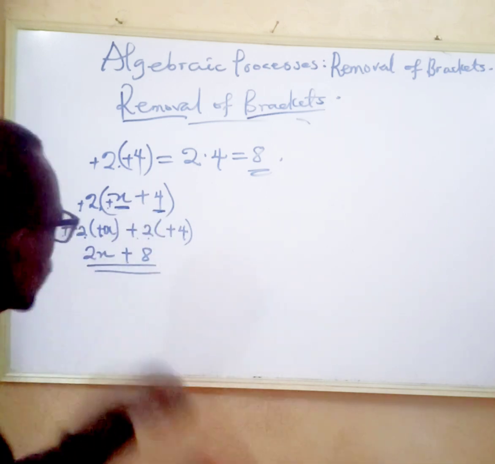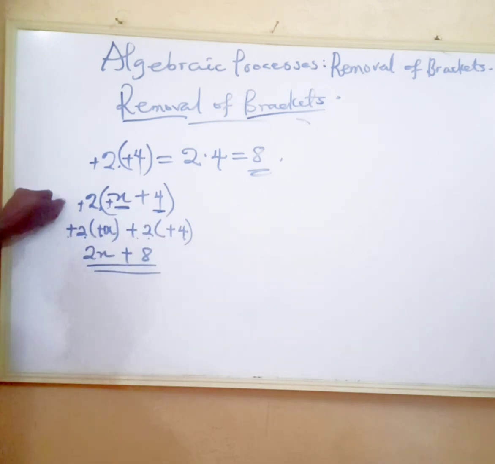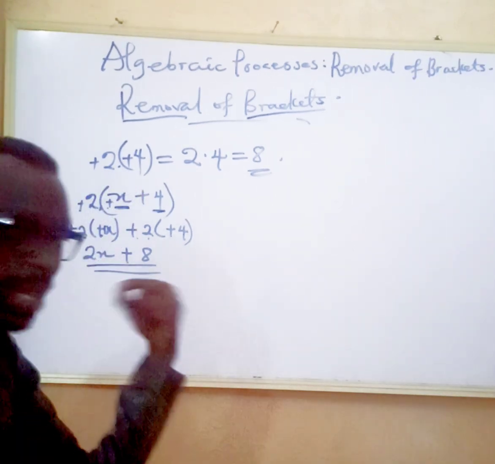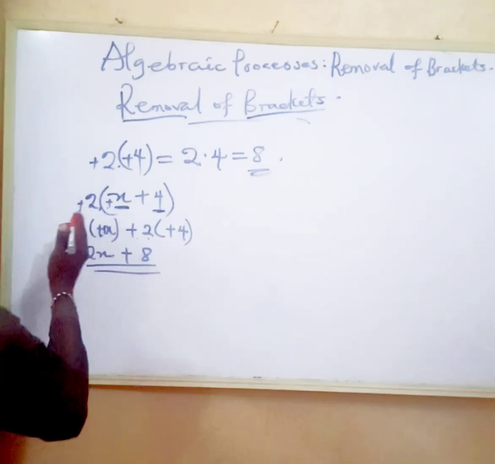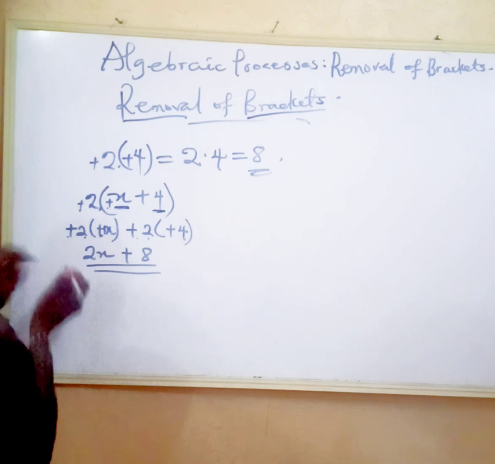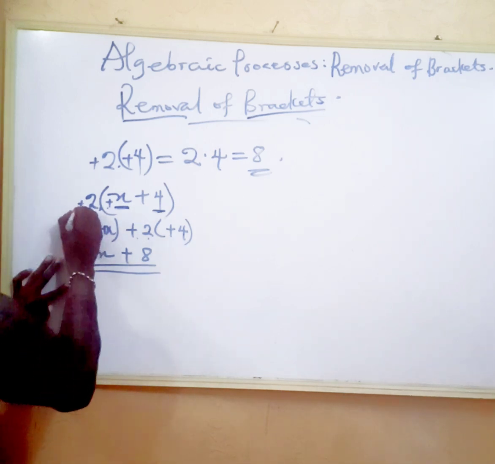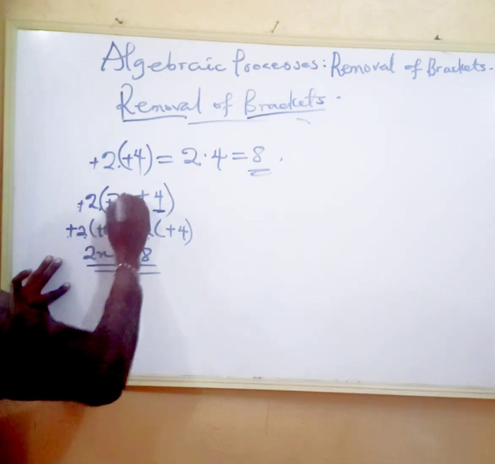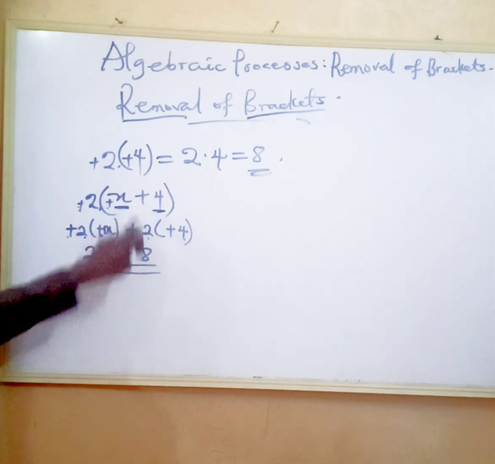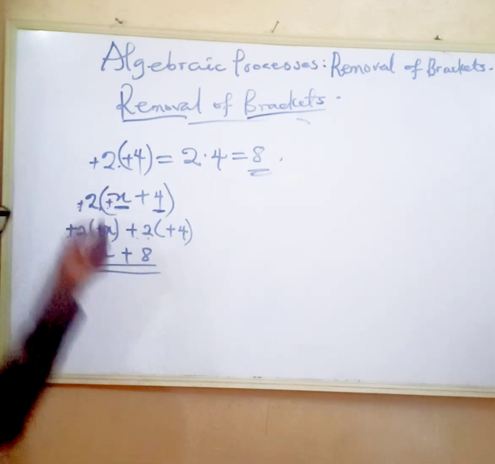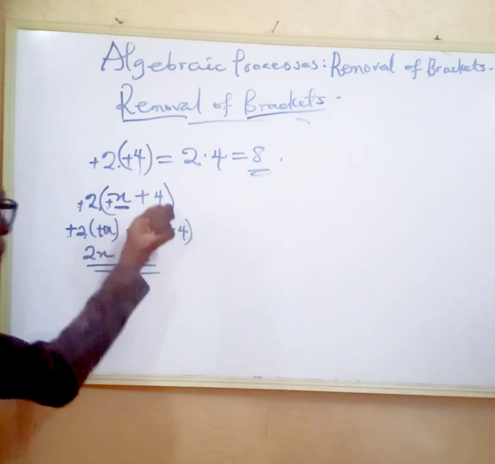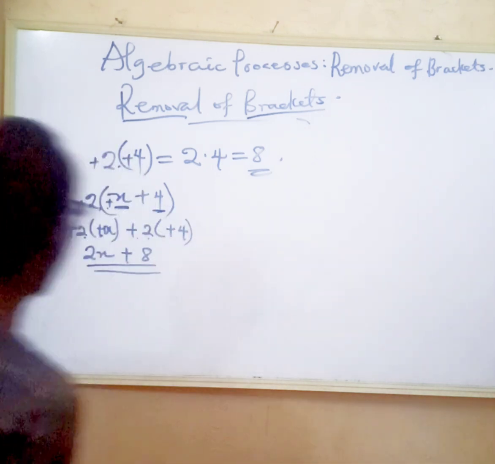And for us to simplify this, we have to get in touch with an imaginary plus, or sometimes it is represented immediately as negative. We have to simplify the whole expression in this form: plus 2 into plus x, that is the first term. The second term, you go for this plus 2 into plus 4.